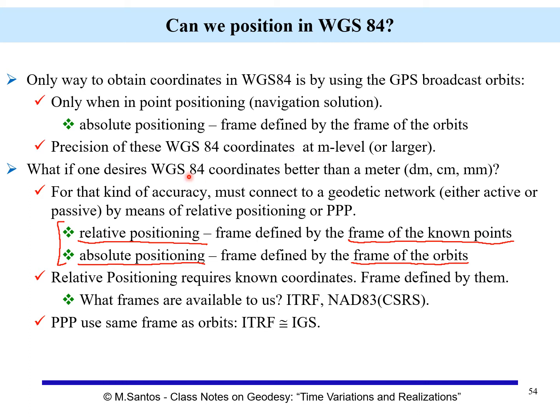Now, if one desires coordinates of a point in WGS84 better than the meter, decimeter, centimeter, millimeter, what should we do? Well, we have to be connected to a geodetic network, either active or passive, which means we're doing relative positioning or we're doing precise point positioning.